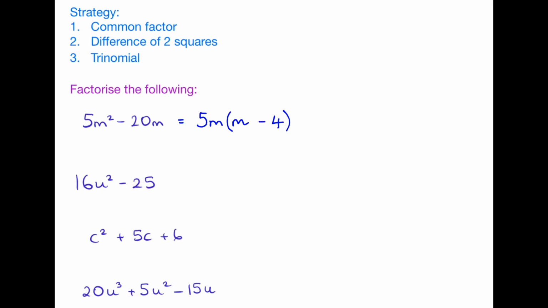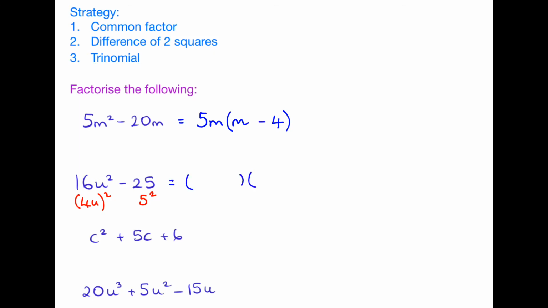Okay, so the next thing to think about is, is it a difference of two squares? This number is a squared number, and this number is a squared number, and this is a squared term. So yes, it is a difference of two squares. Don't forget that this term is 4u squared, and that one is 5 squared. I do think it helps to write down what is squared for making our brackets.